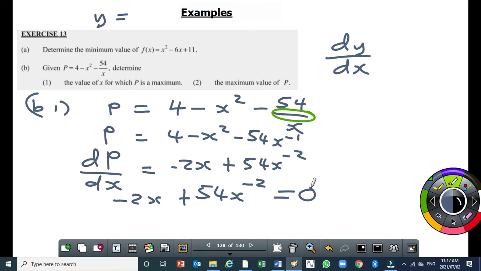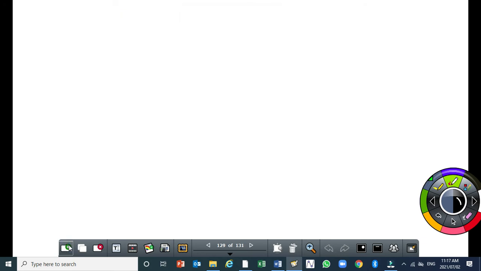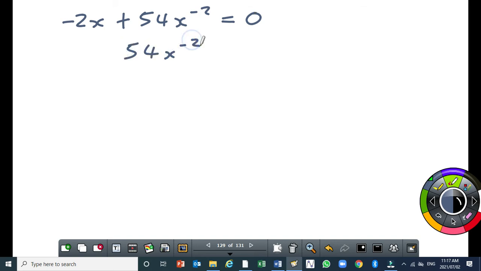So up to that point then, we have to solve the equation. So this is how you must solve. It becomes minus 2x plus 54x to the power of negative 2 equal to 0. My suggestion here, take the negative 2x to the right. So this becomes 54x to the power of minus 2 equal to 2x.